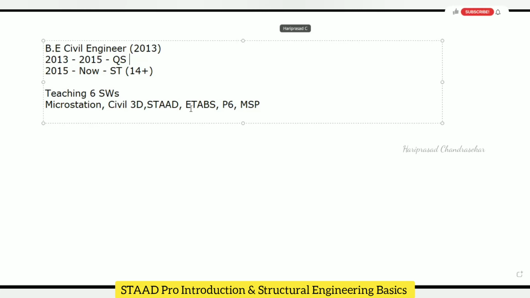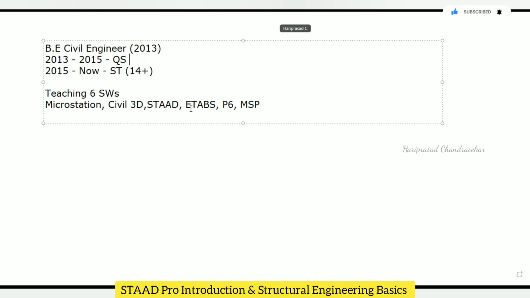Planning engineers. In Dubai Municipality or government sectors, they are using MS Project, not Primavera. That's why most people working for big government companies come for the MS Project course, but private companies come for the P6 course.